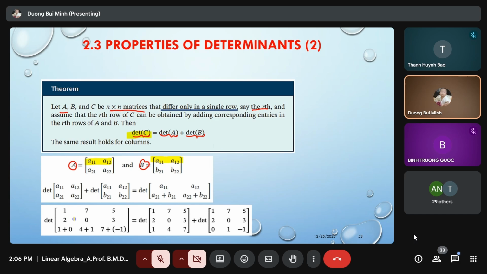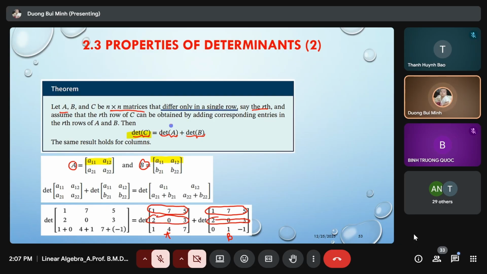For example, do I have any examples? Yeah, this example. This is matrix A, this is matrix B. For matrix A we have 175, 203.